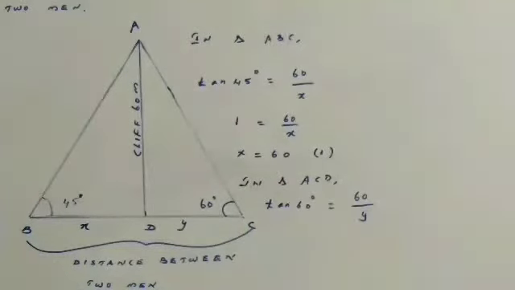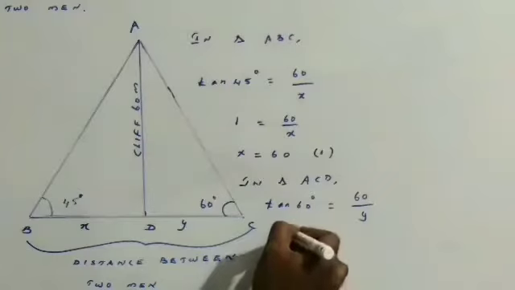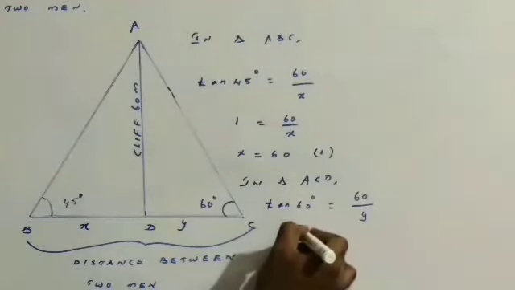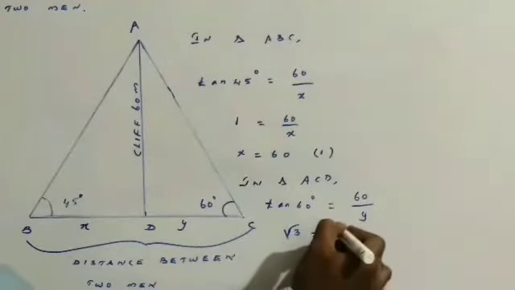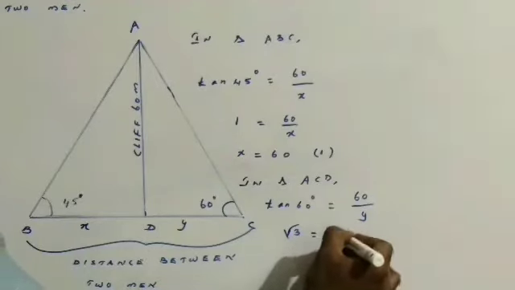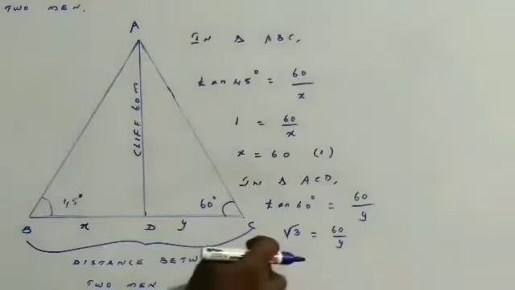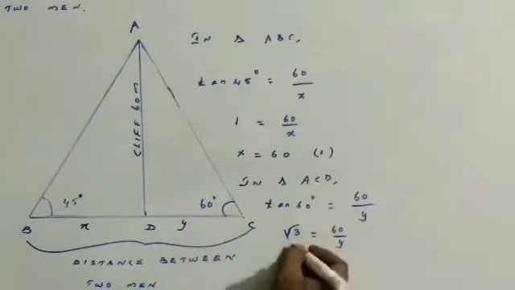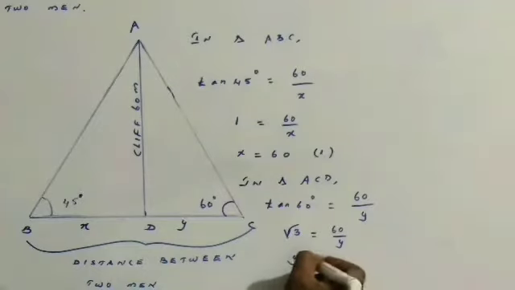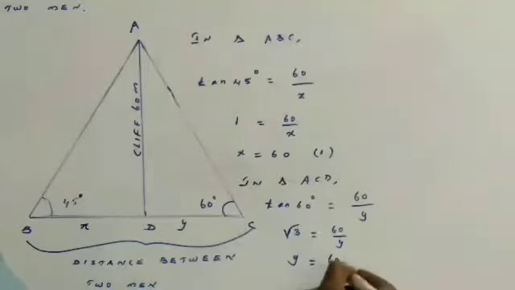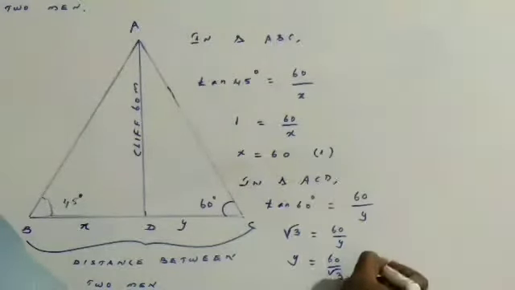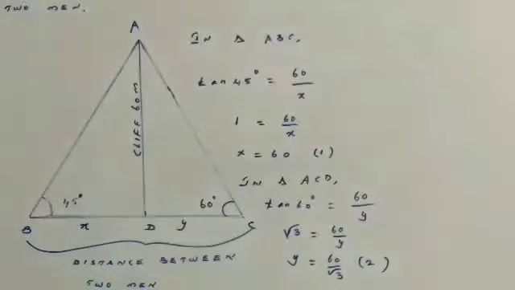We know that the value of tan 60 degree is root 3. Root 3 equals 60 by y. Now cross multiply y as well as root 3, you get y equals 60 by root 3. Consider this is equation 2.